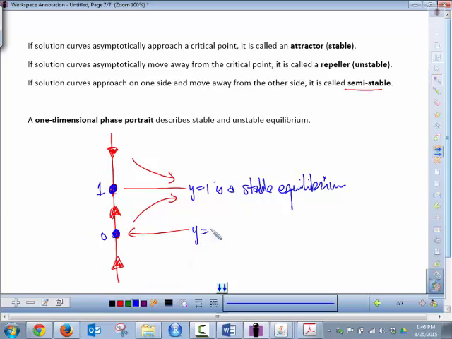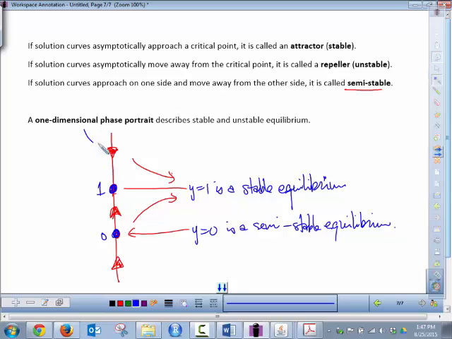So y is equal to 0 is a semi-stable equilibrium. Okay?